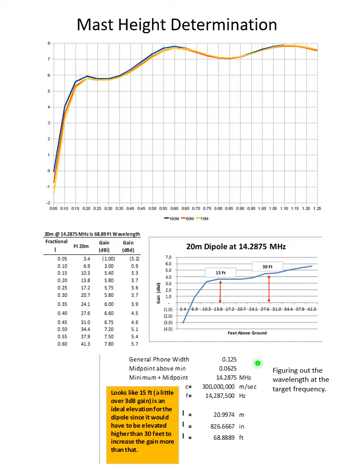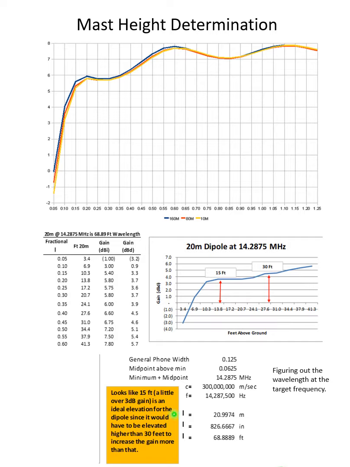And then I came over here and wanted to figure out what the wavelength is of a 14.2875 megahertz signal. The reason I picked that is that was the targeted frequency I was looking for when we tuned the Hextenna. And you go through a little number crunching there, and you find out that the wavelength for that frequency is about 68.8, 68.9 feet.